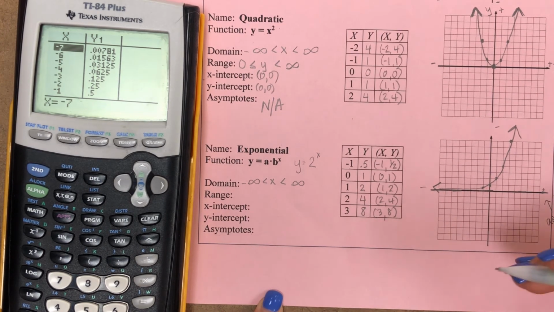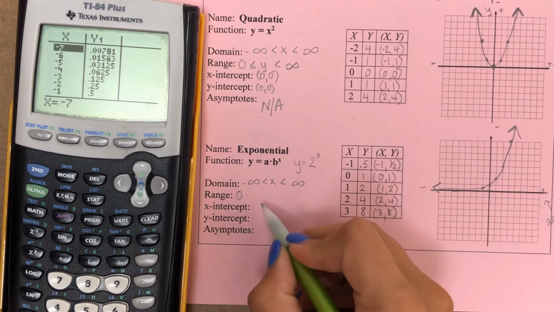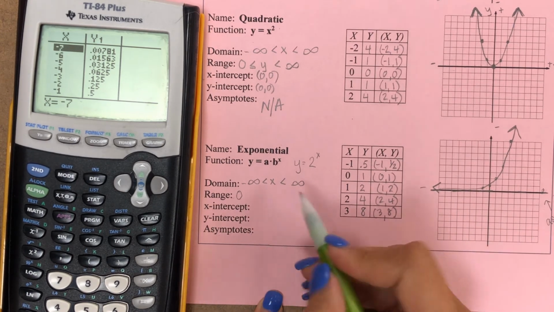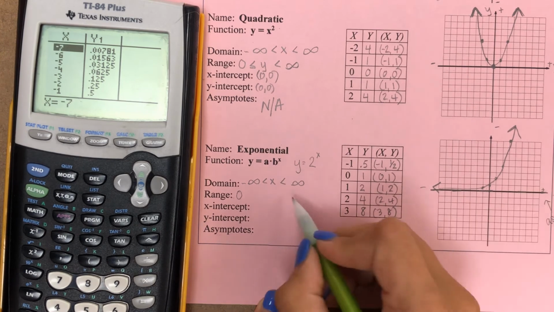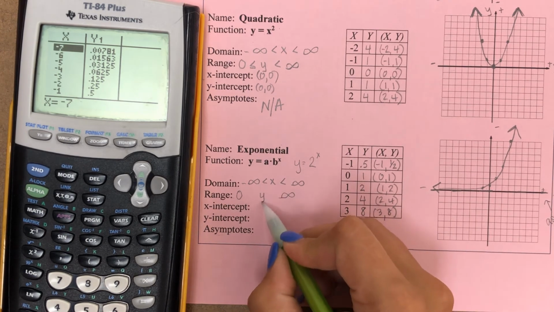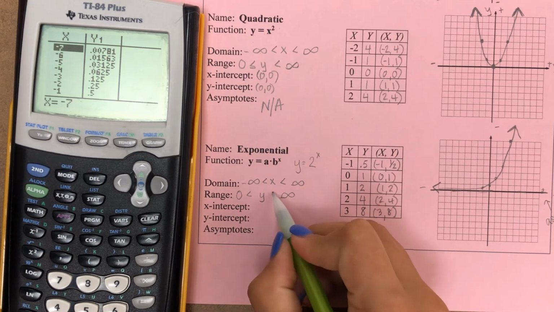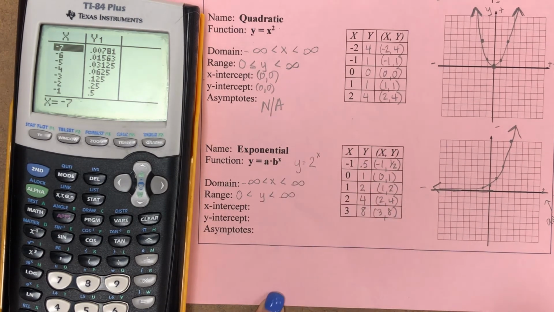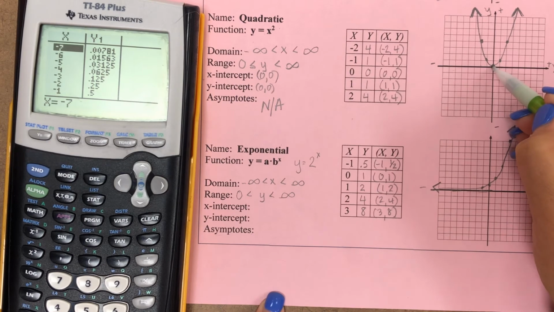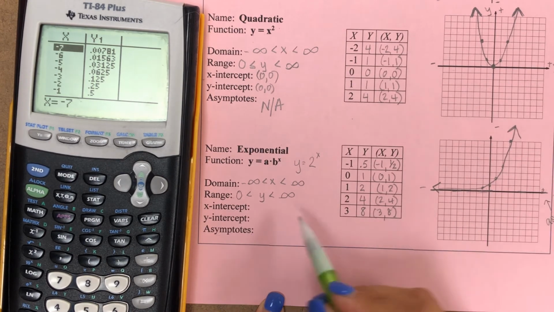So it's getting really close to that 0, but it doesn't touch it. So we're going to still use 0 as the bottom part of it. And it goes up forever. But remember, it can't touch this 0. So I'm not going to put an equal to here like I did on the quadratic, because quadratic actually had this dot right here. This one doesn't.